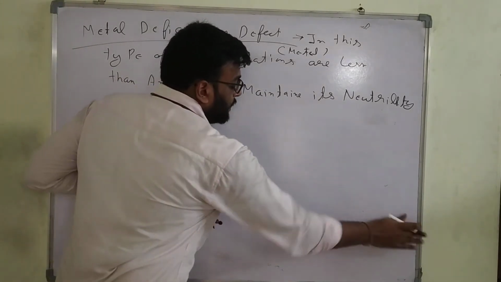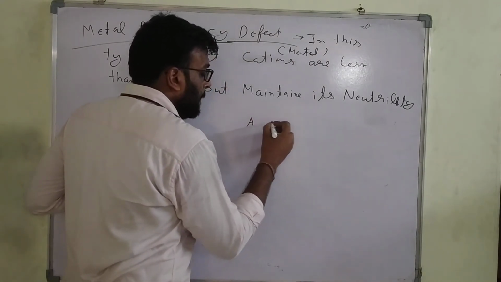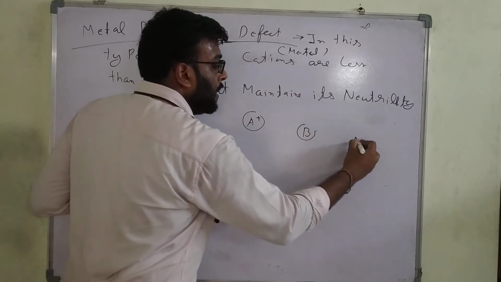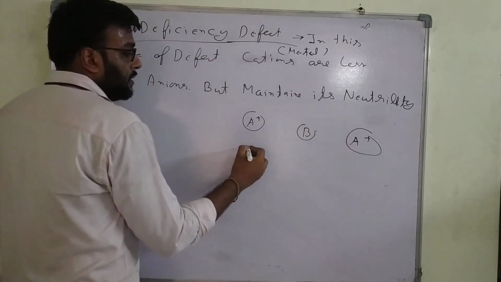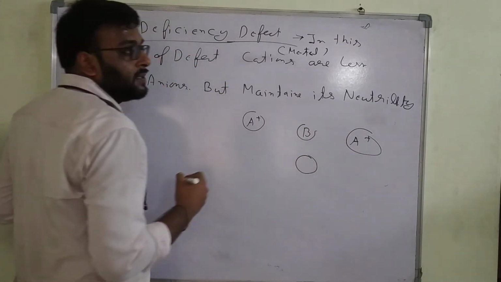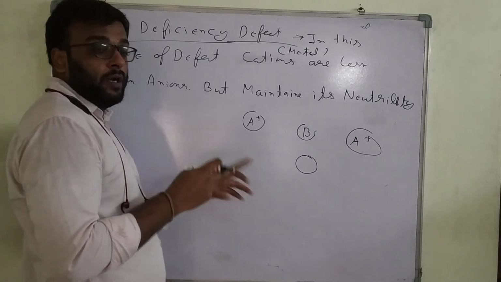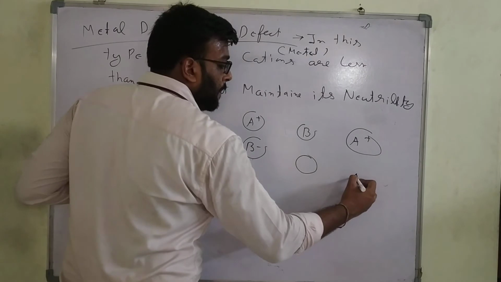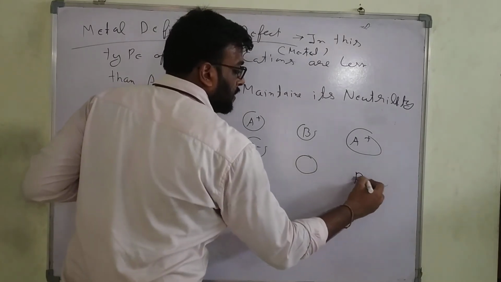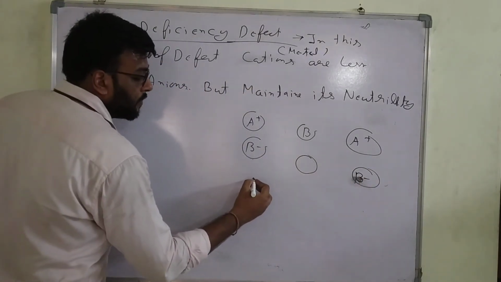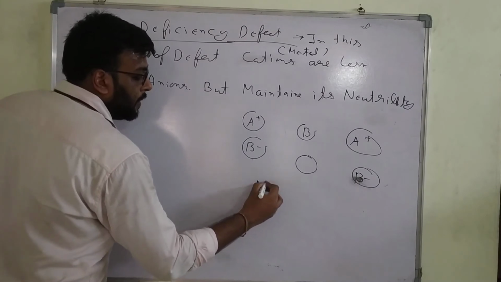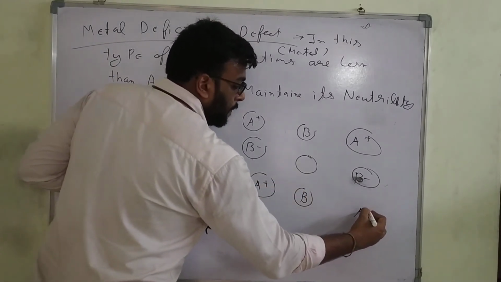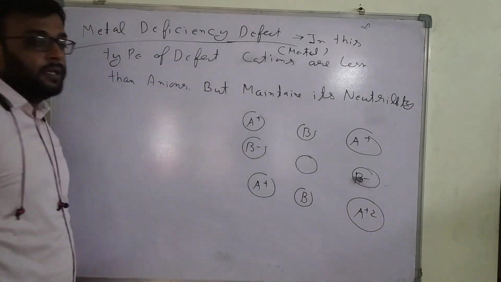Look over here. Suppose like this: A plus B minus, A plus B minus. Suppose some A plus is not available in the structure. One A plus is not available in the structure. B minus, B minus, A plus, B minus, and one A plus 2 is available in the structure.